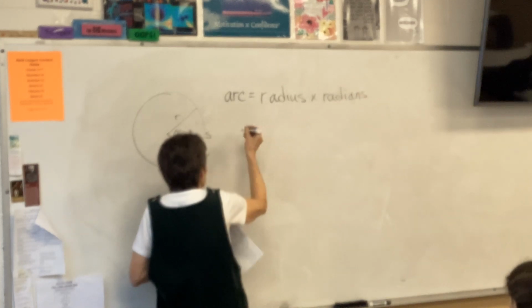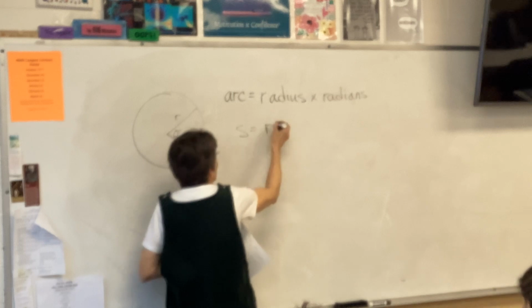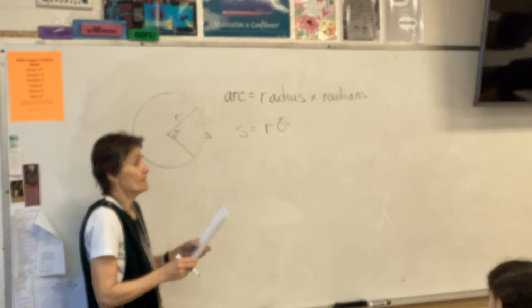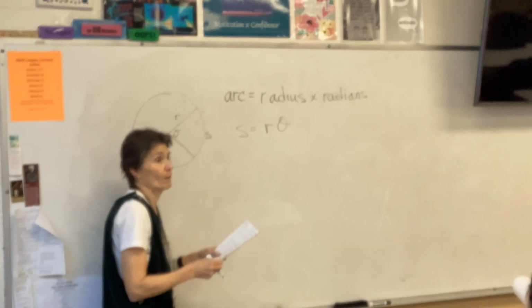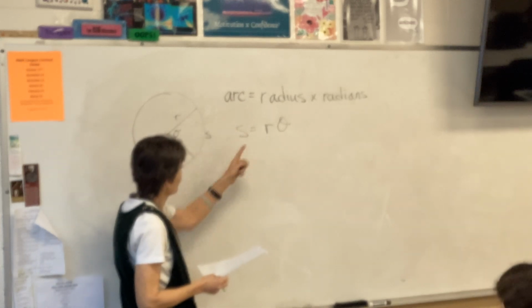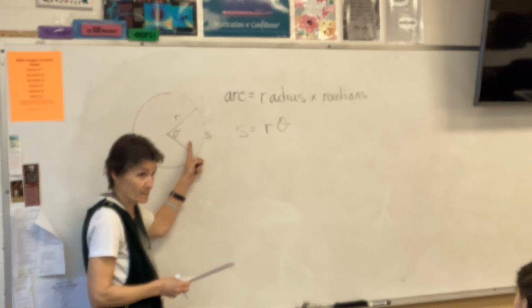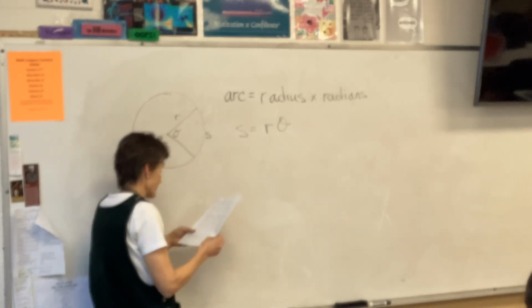But formally, like in the textbook, it would say this, and it doesn't matter which way you remember it. It's just critical, however, that you remember in order to use this formula, theta has to be in radians. Okay? So let's see what we've got.